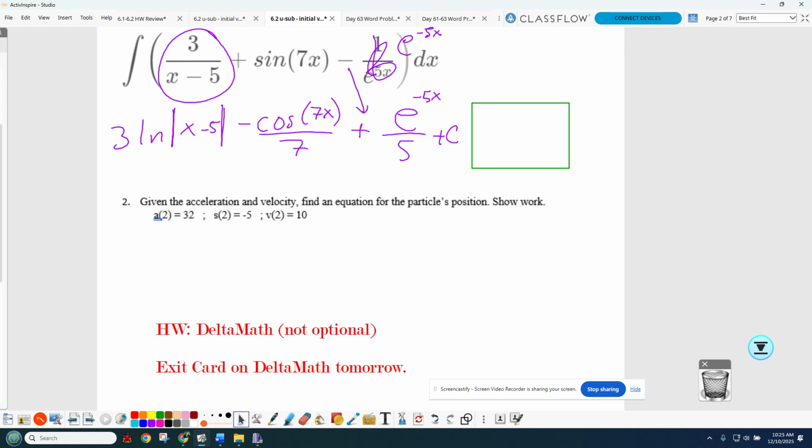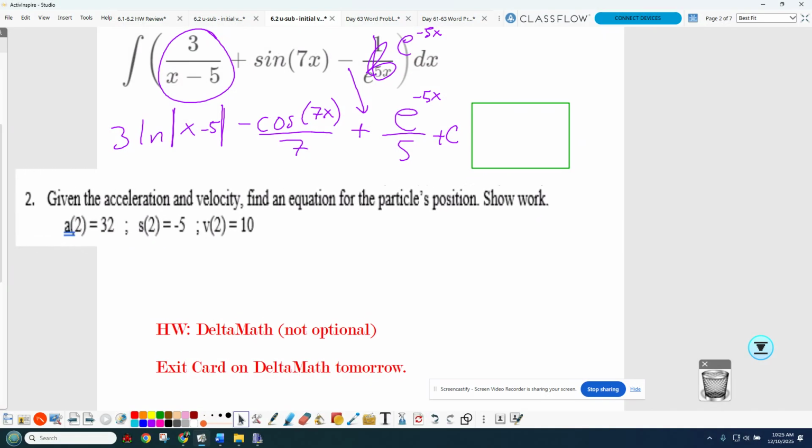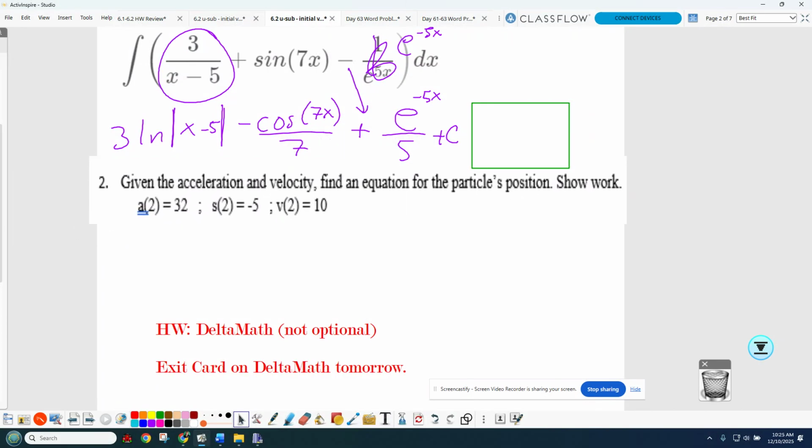And this bottom one is checking, one, to see that you still understand the relationship of acceleration, position, and velocity, and to have the perseverance of integrating a couple of times to get an answer.